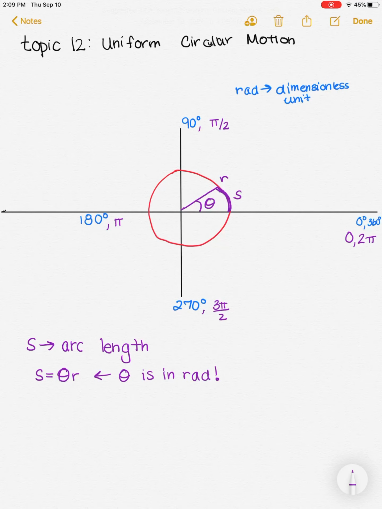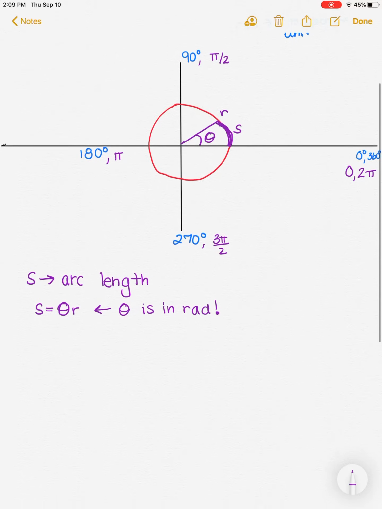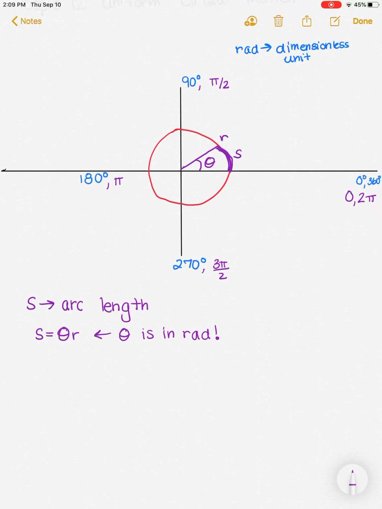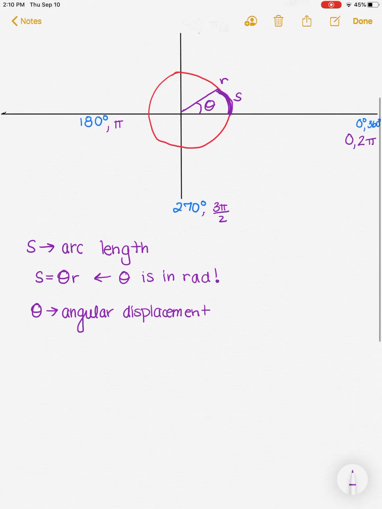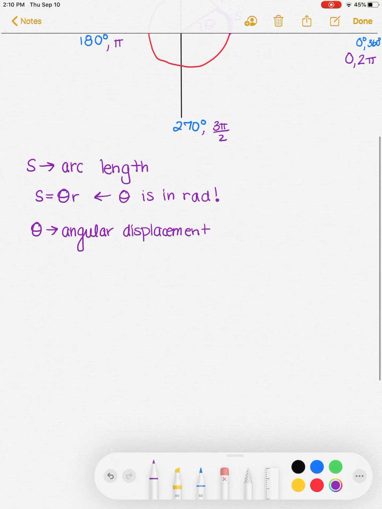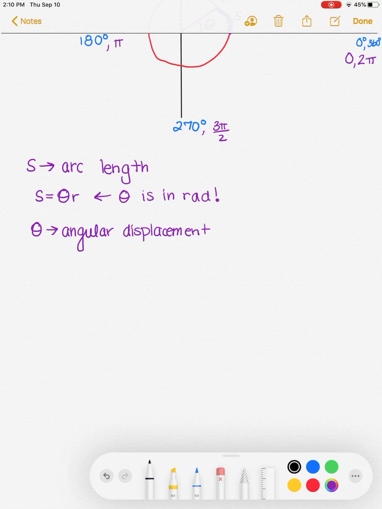So s is basically the length of this little wedge of pie right here. So we can also think of theta as the angular displacement. And we'll get to that a little bit later.